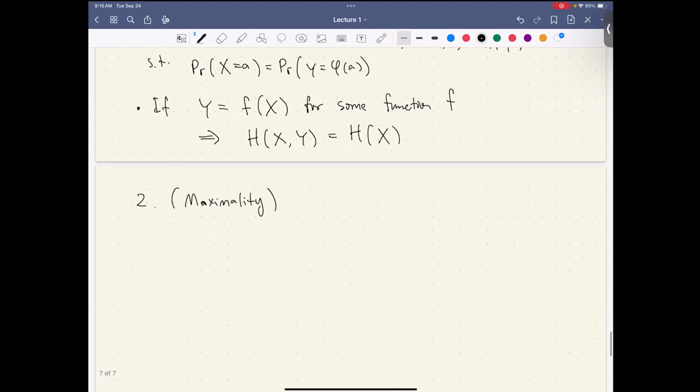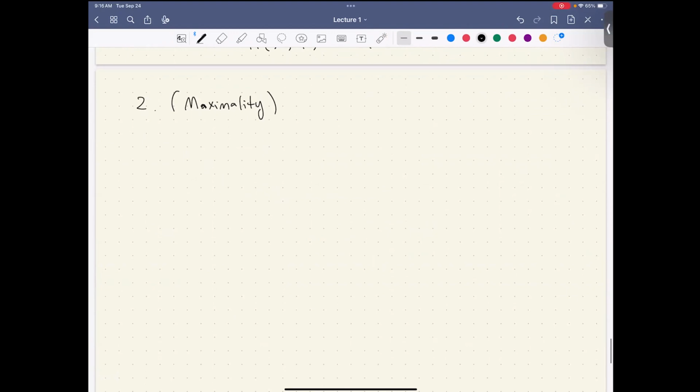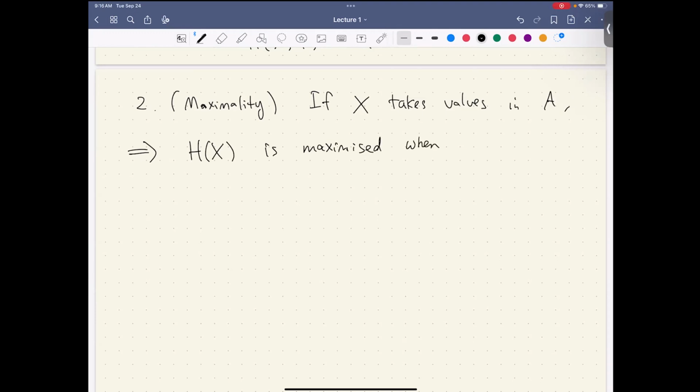It says that if we have x taking values in a set A, then the entropy of x is maximized when x is uniformly distributed over A. If you have any other distribution over A, the entropy can only be smaller.